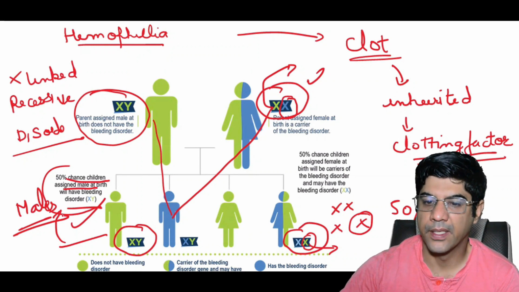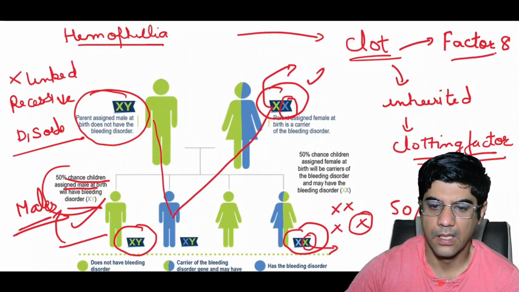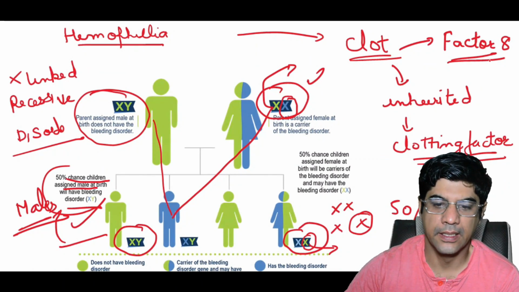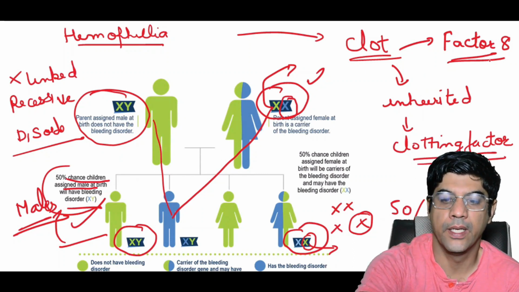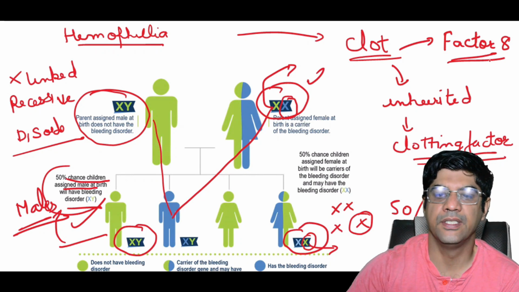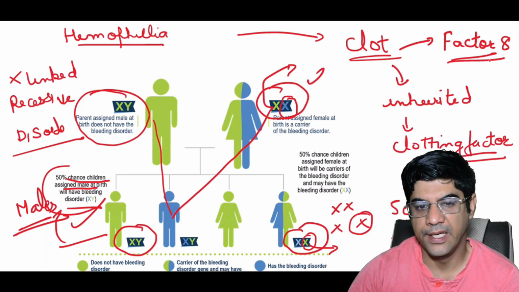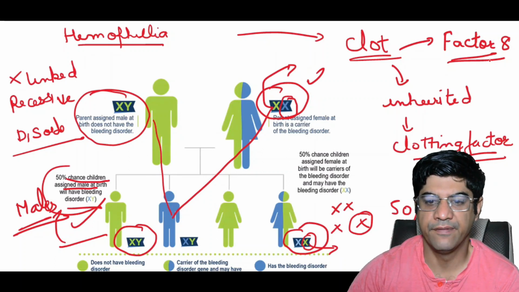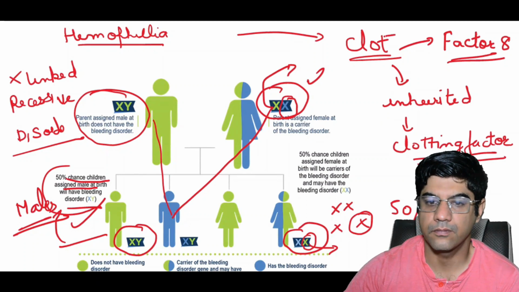Now hemophilia, remember, it is due to the deficiency of factor 8. So a mutation in the gene for factor 8 leads to inadequate clotting ability that results in prolonged bleeding episodes. So hemophilia A is caused due to the deficiency in the clotting factor 8.